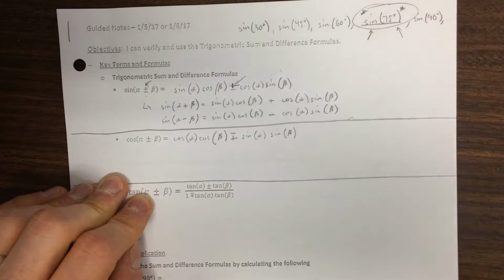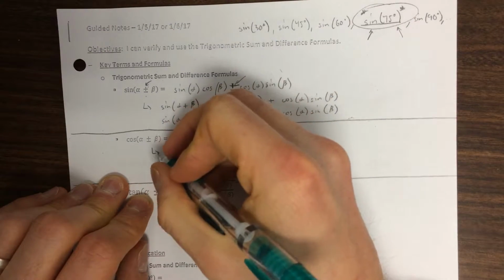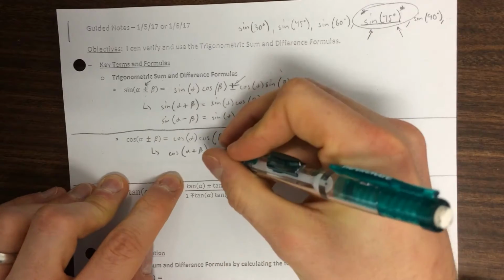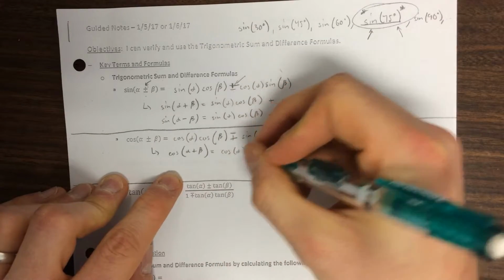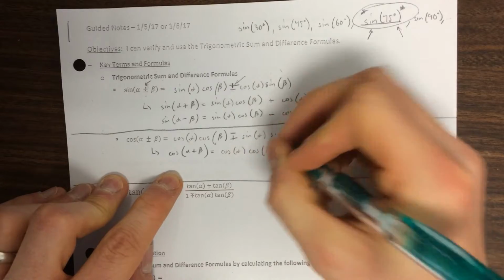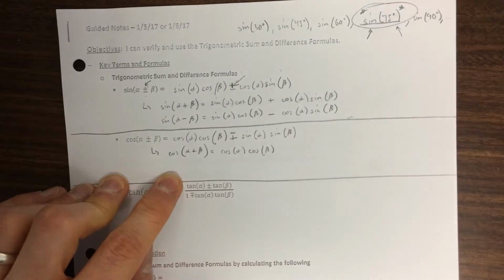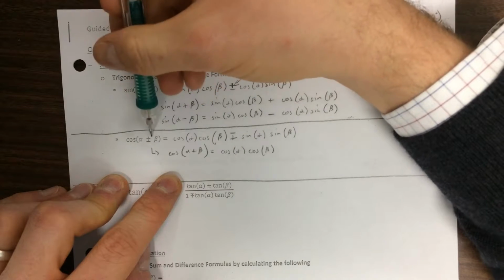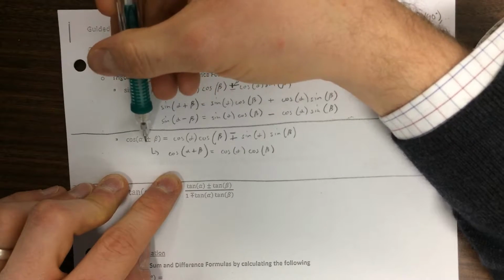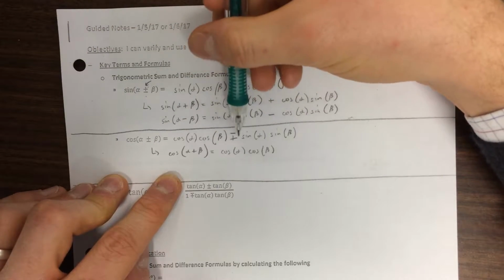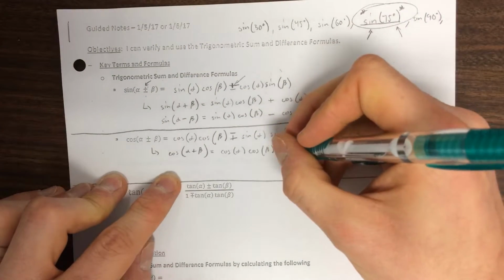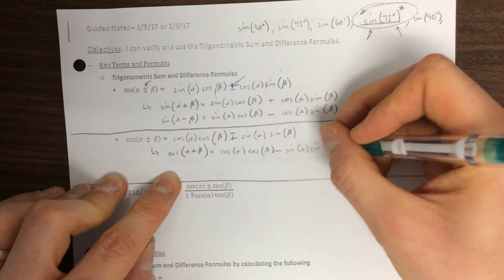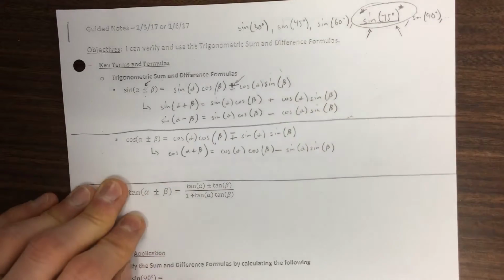And so what this is telling us is if you have cosine of alpha plus beta, this would be cosine of alpha, cosine beta, and this part does not change. However, since the addition is on top here, we use what's on top here. So this would be minus sine alpha, sine beta.